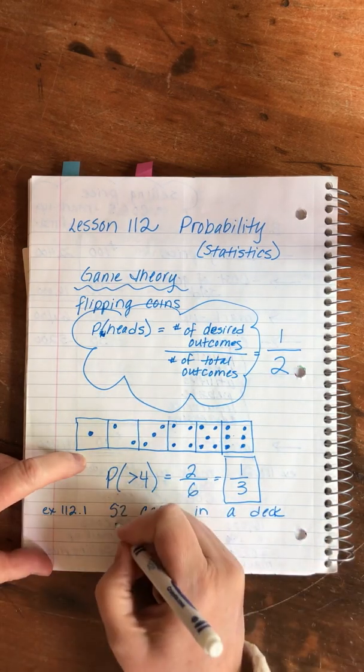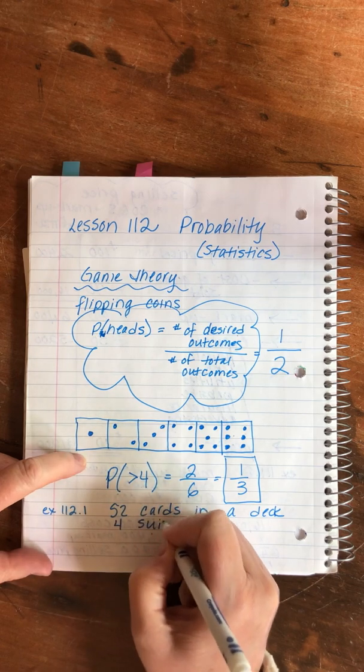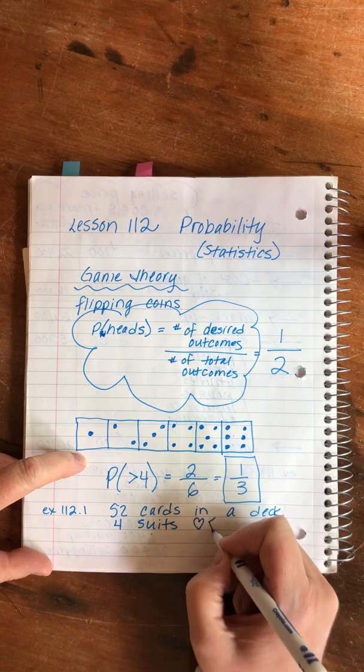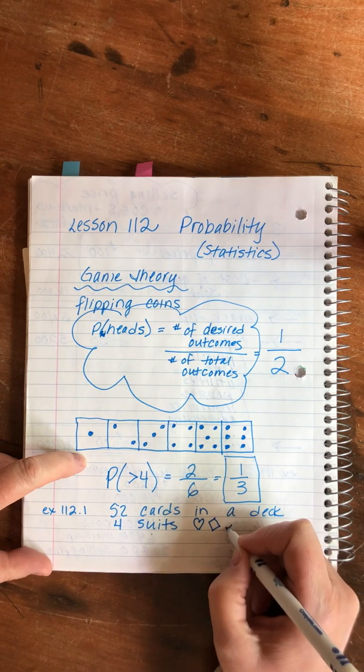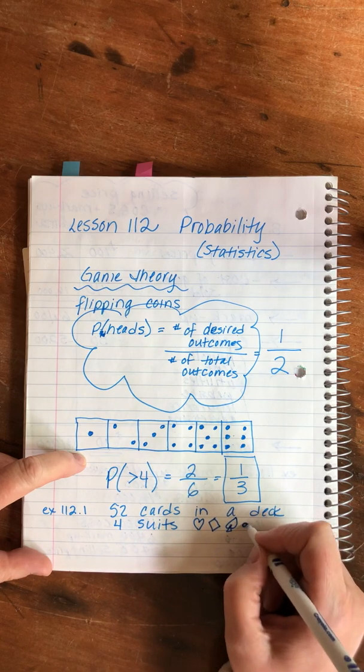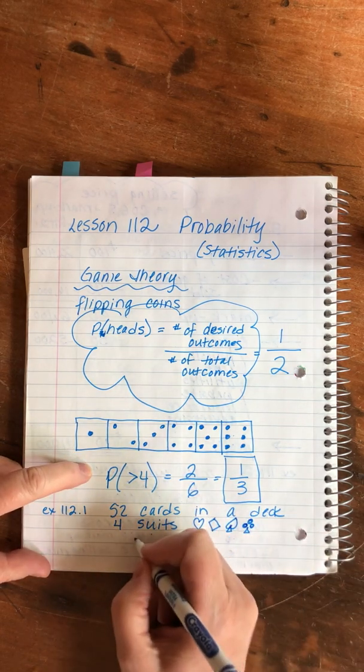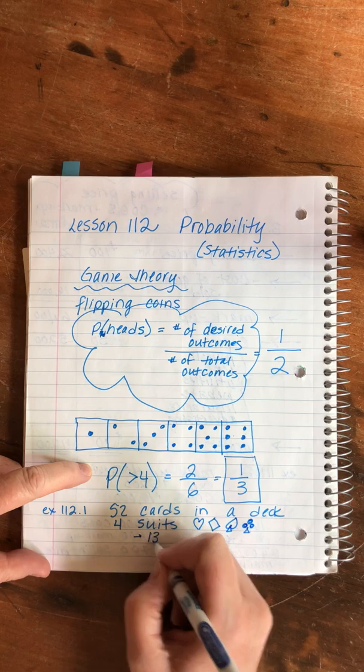There are 4 suits, we call them, right? There's hearts, there's diamonds, there's spades, which is an upside down heart with a stem. And there's clubs, which is like a paw print with a thing, right? 4 suits, and they have 13 cards each.